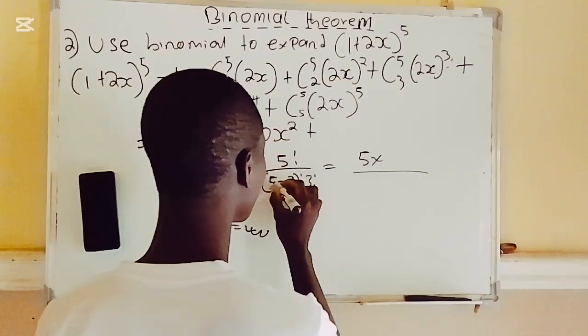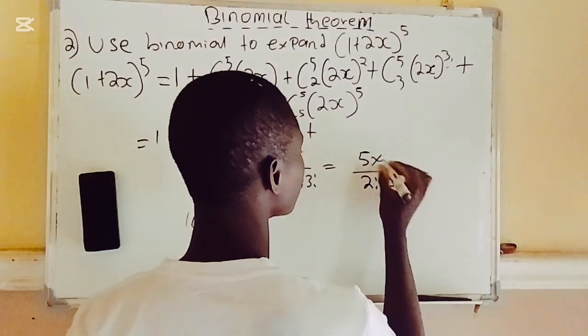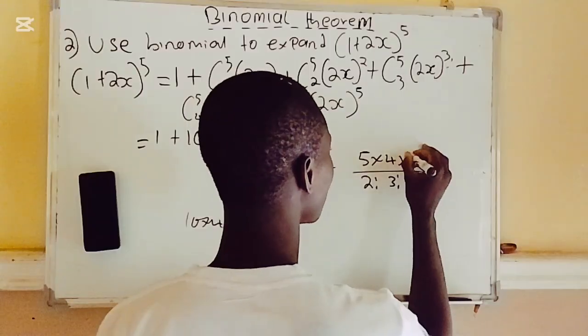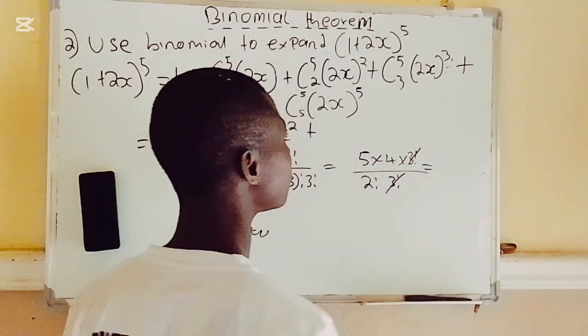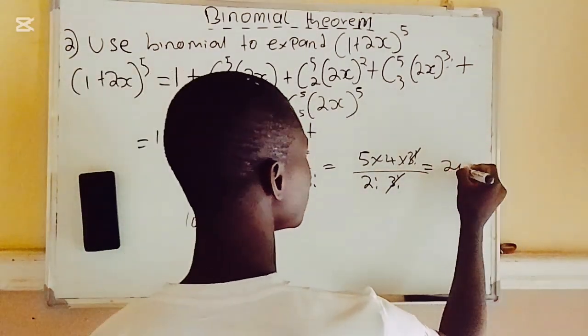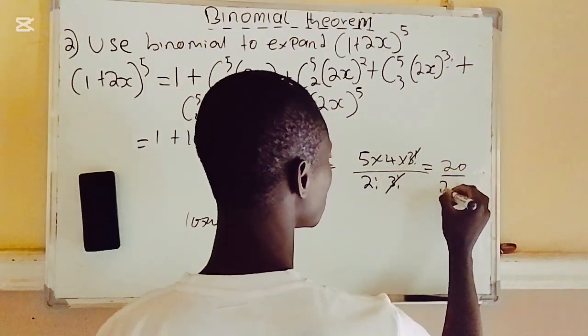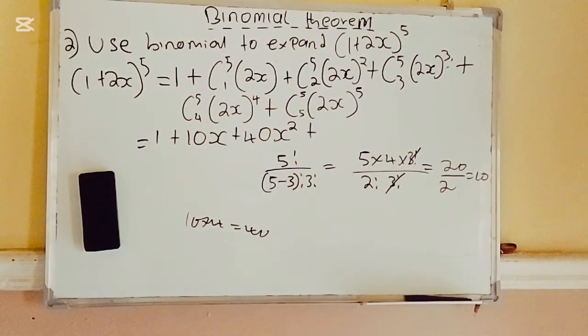So the highest factor, 5 minus 3, which is equals to 2 factorial of 3 factorial, multiplied by 4 multiplied by 3 factorial, 3 cancels 3. 5 multiplied by 4, which is 20, 20 divided by 2, it will be equals 10. So it's the same value as 5 of 2 factorial.